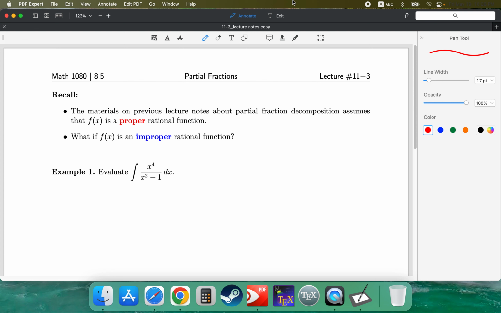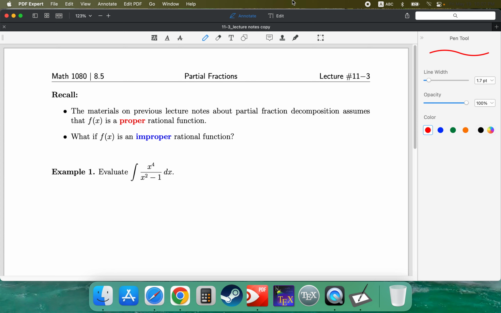So if we have a proper rational function, we can perform partial fraction decompositions. And remember there are 4 different cases: simple linear factors, repeated linear factors, simple irreducible quadratic factors, and repeated irreducible quadratic factors.